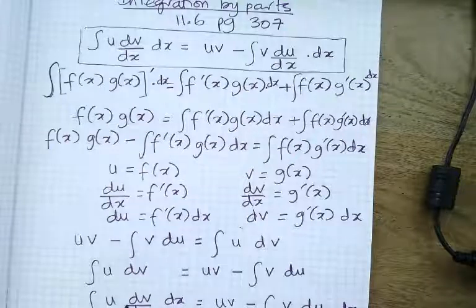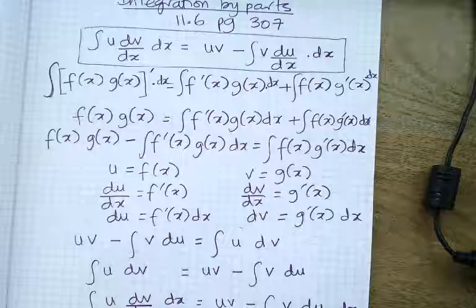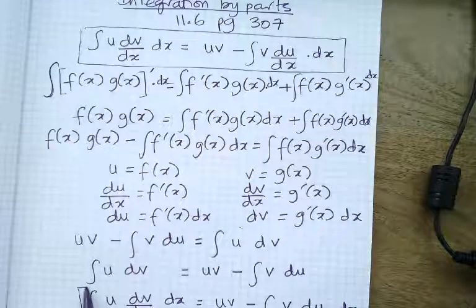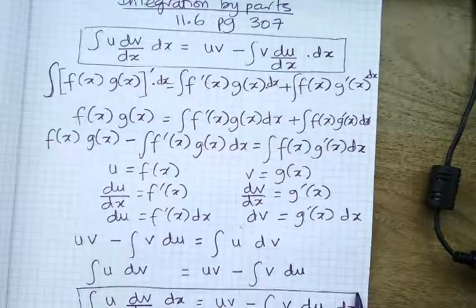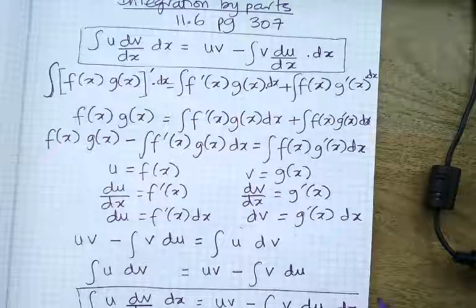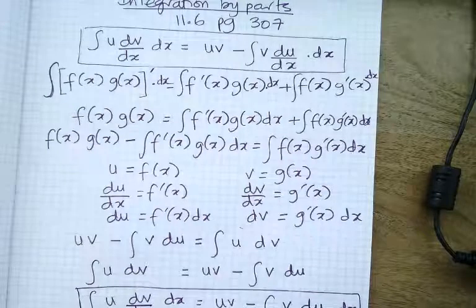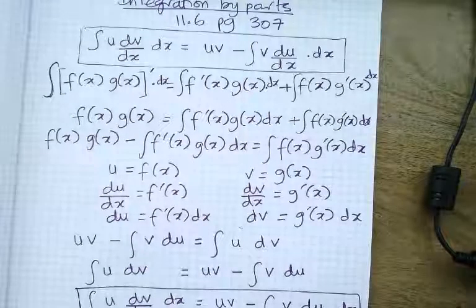All I've done is divide by dx and multiply by dx, which doesn't do anything. So this is where the integration by parts formula comes from, but it's given to you in the formula book.